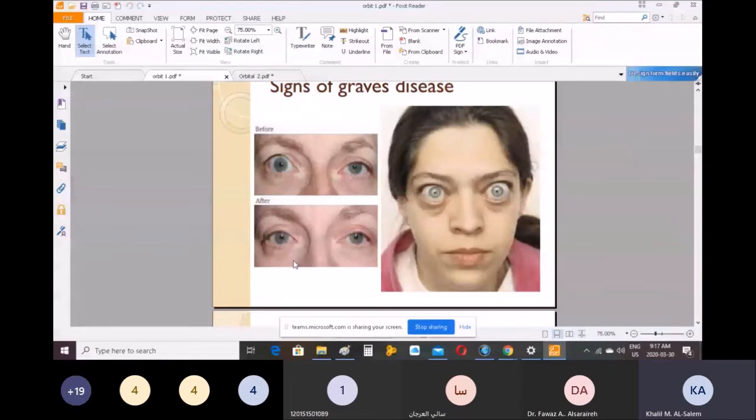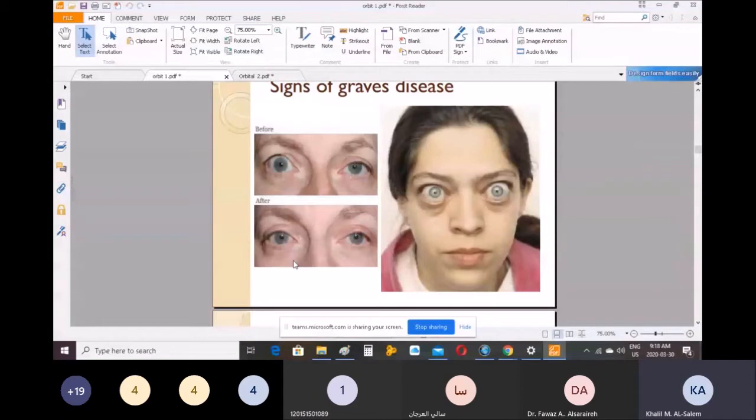Patients with Graves' disease have this myxedematous look. Their cheeks, their chin, their nose, everything is more or less swollen, and you can really notice that from previous pictures. There's glycosaminoglycan deposition in all tissues.